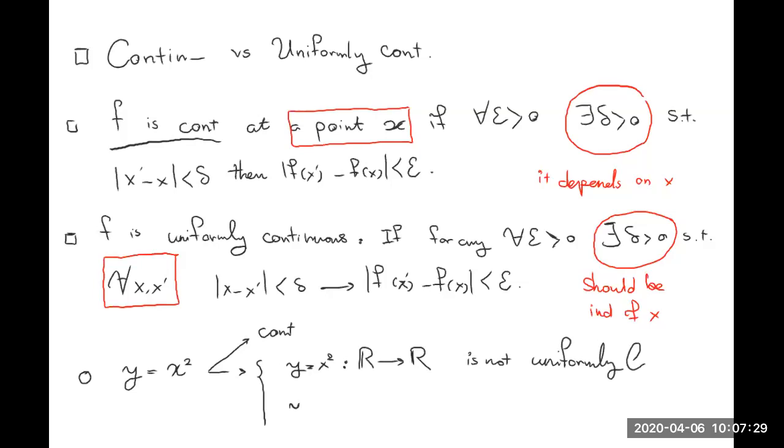But if you think about the same function as a function from the interval 0 to 1 to the interval 0 to 1, on this interval, it is uniformly continuous. So it really depends on the domain which we define it for. Here, there is something important about this domain.